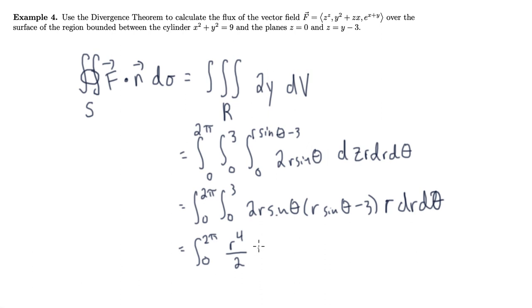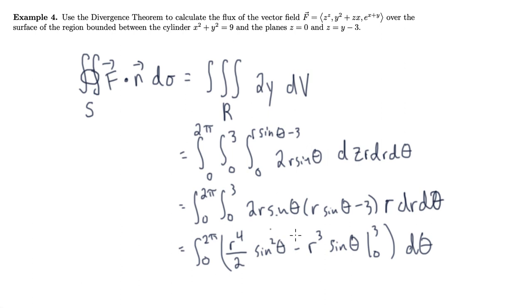Then we'll have a sine squared theta. And then we'll have r to the third divided by 3 times 3, so just 1, sine theta. And then that's evaluated from 0 to 3, d theta.